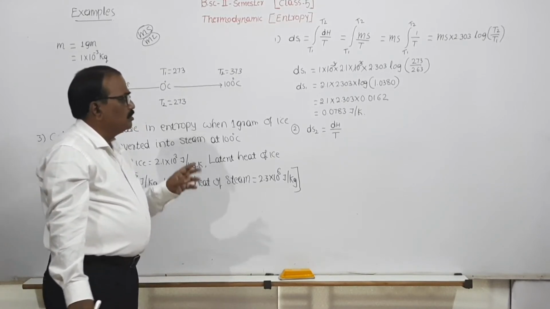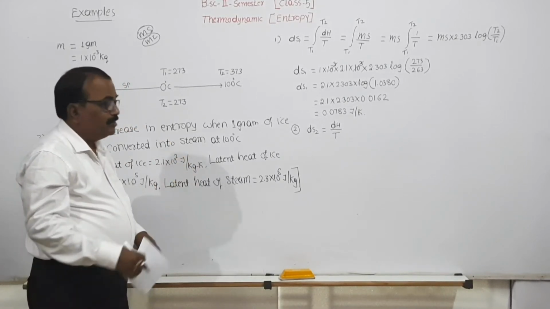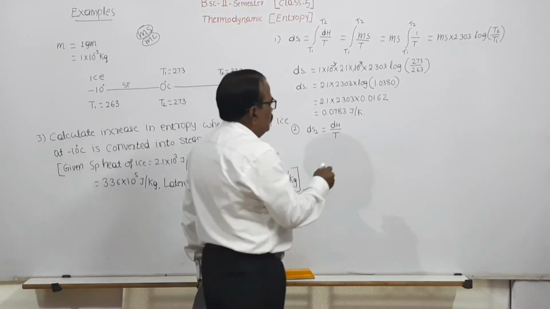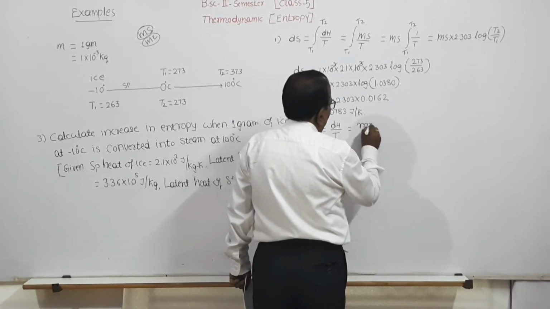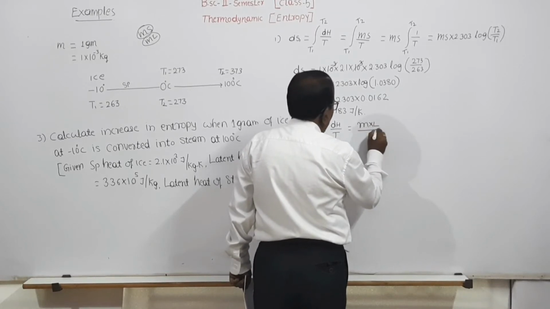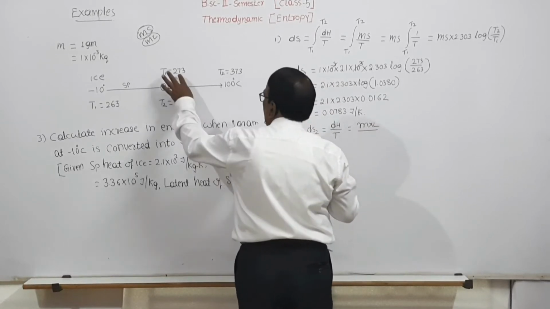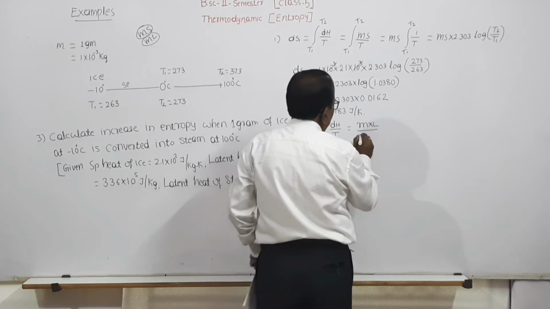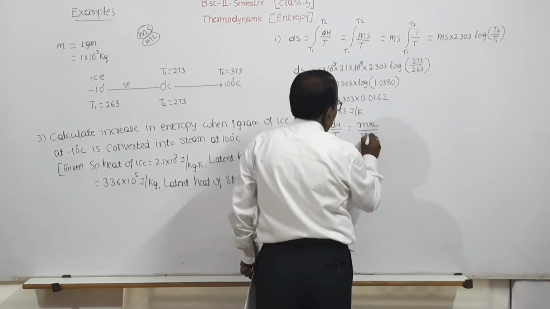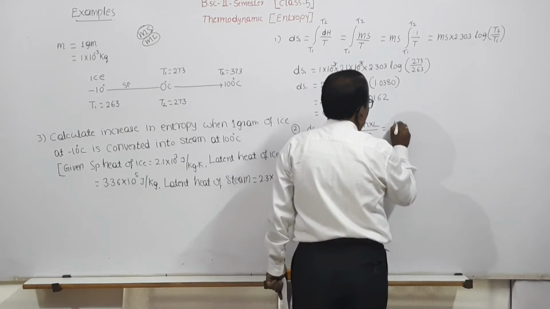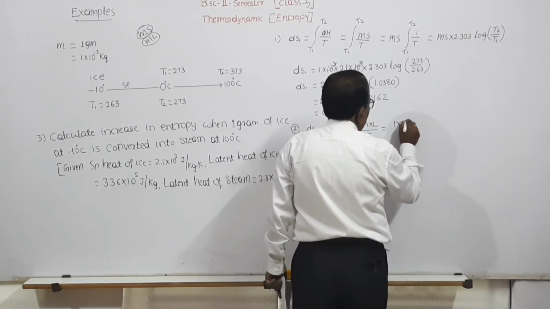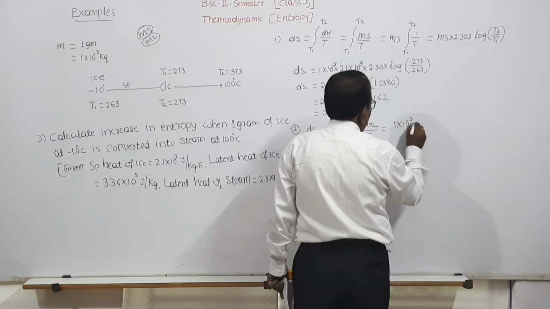Now dH is not m into s, it is m into L now. This is m into L divided by, at the same temperature, 273. Then your m is once again 1 into 10 raised to minus 3 kg.